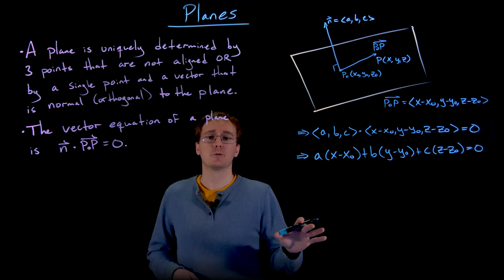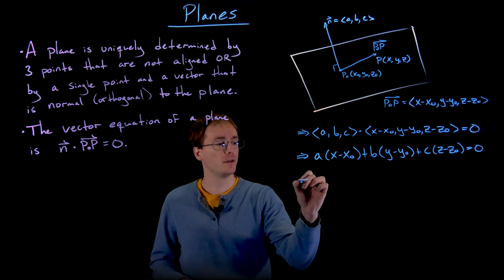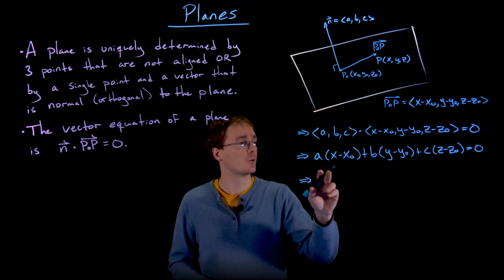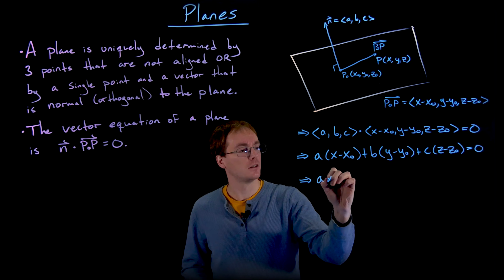And so oftentimes we'll actually work with an expanded version of this equation. If we take a moment to expand out this really general formula for the scalar equation of a plane, well, let's look at the variable terms first. That'll look like ax plus by plus cz. Those are our three variable terms.